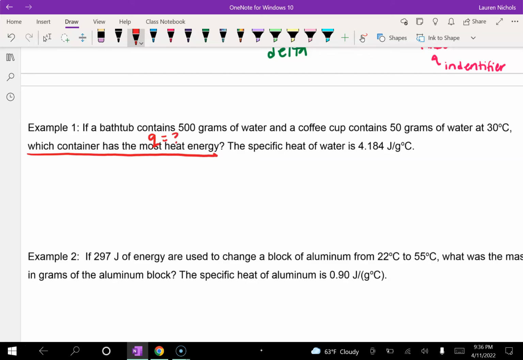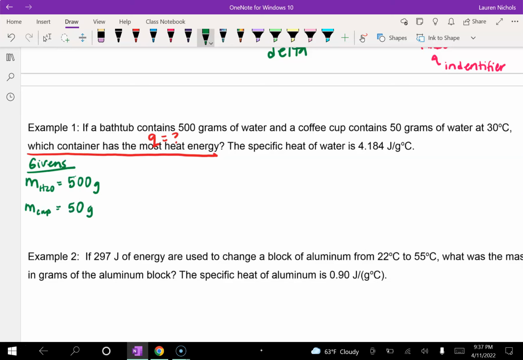We're going to set this up into two different categories because we're comparing two things, the bathtub and the coffee cup. So we need to make a list of all of our givens. What are the things that we have? One thing we know is that we have a mass of water. I'm going to put M of H2O is 500 grams, but the mass of the coffee cup is 50 grams.